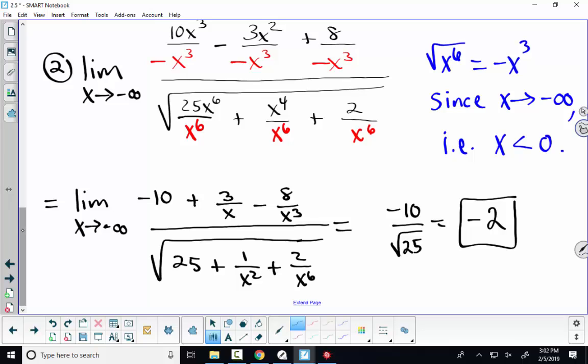So how do we know that the square root of 25 would be 5 rather than minus 5? Because we know that this is going to be 5, not minus 5, because there's not a minus out in front of that root. Any other questions?